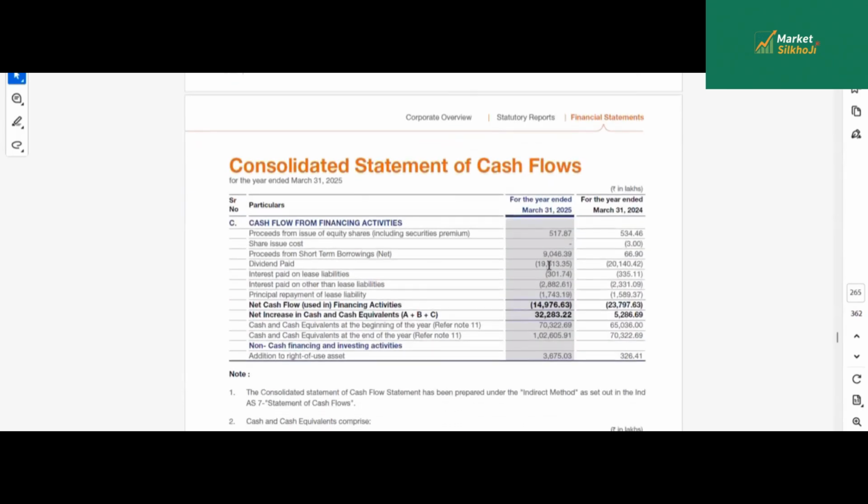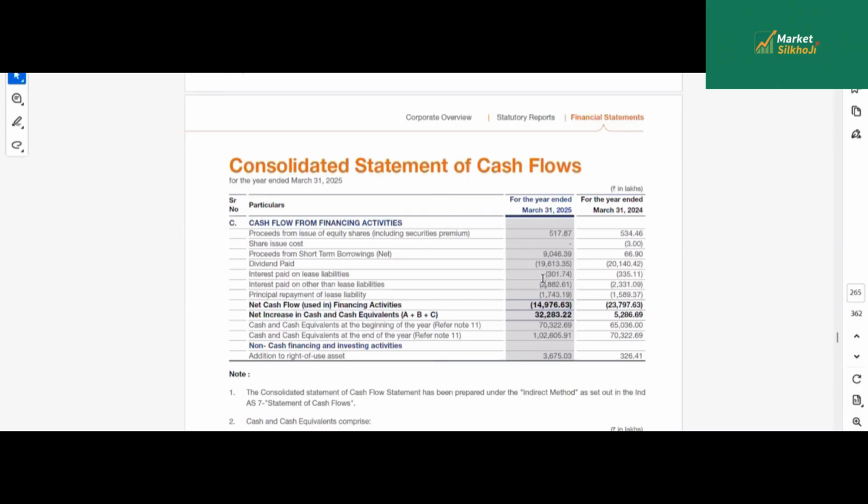What about the remaining? They paid 196 crores as dividends. And of course, they have some lease liabilities also. They paid some short-term borrowings also, and they raised some short-term borrowings. But if you look at the debt to equity ratio for this company, it is 0.3.